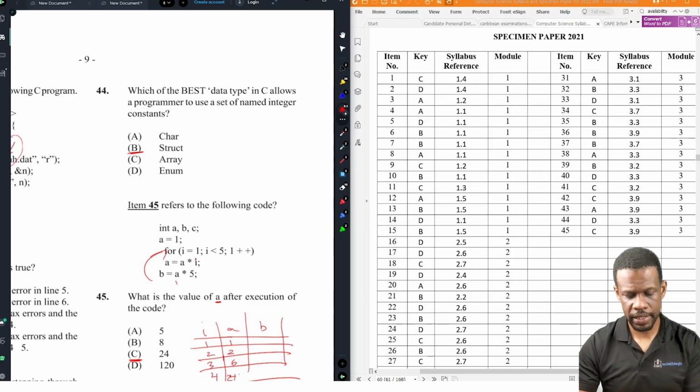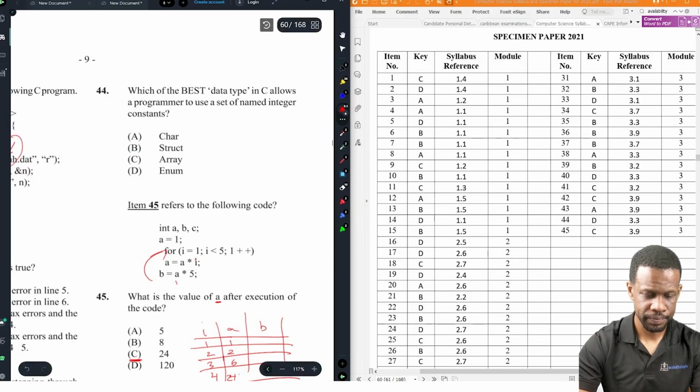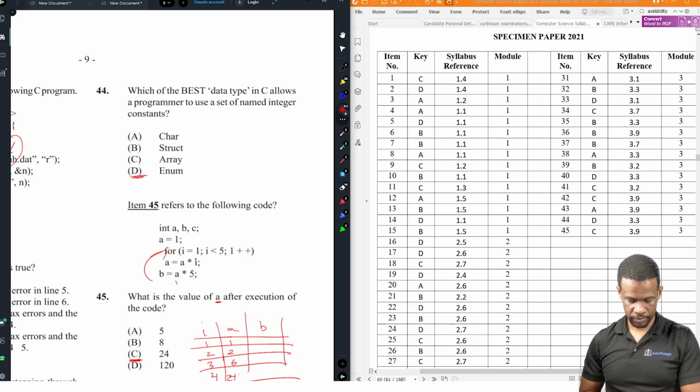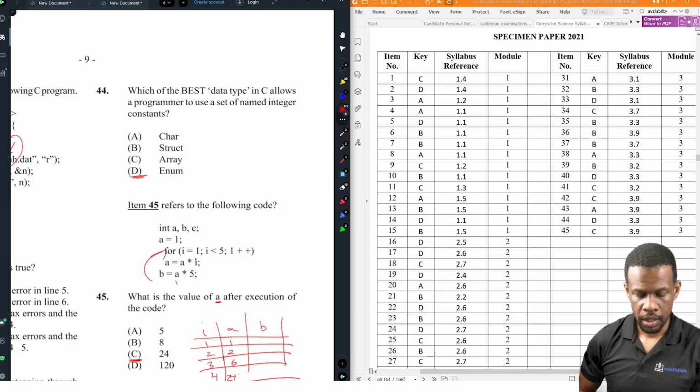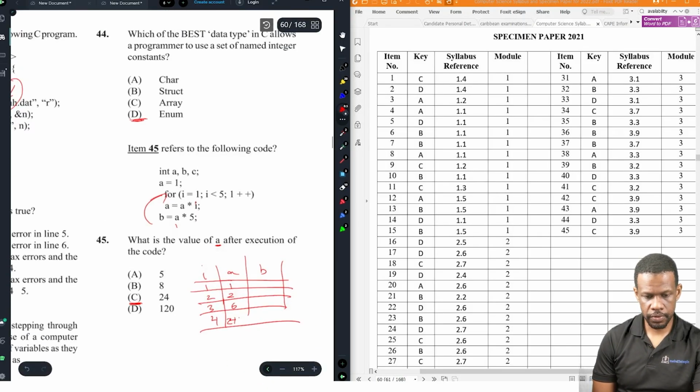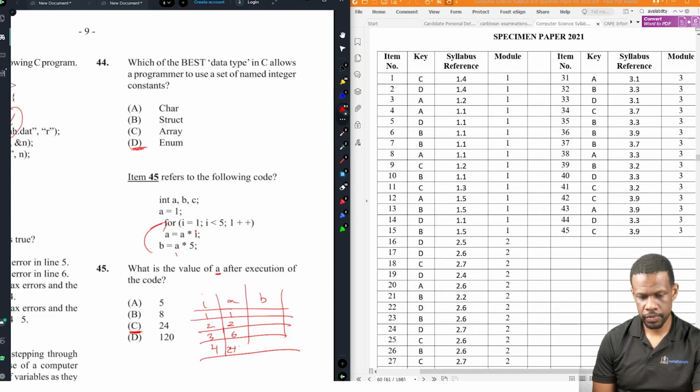Alright, we learned something there today. They needed to know enum. Now I should start to include that in my notes, because it's weird. Sorry, 44 is enum, okay.